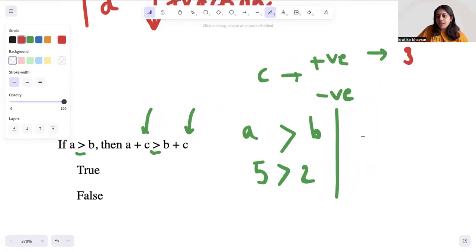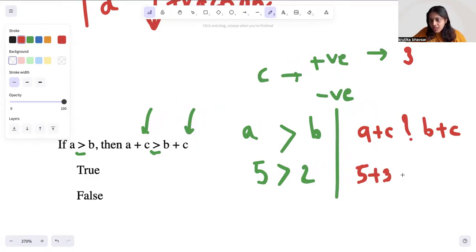It says that A plus C is something as compared to B plus C. Let's see what it is. So A plus C, 5 plus 3, and here you have 2 plus 3. So you quickly have here 8, you quickly have here 5. So you have the greater than sign. And this sign is still as it is, right?